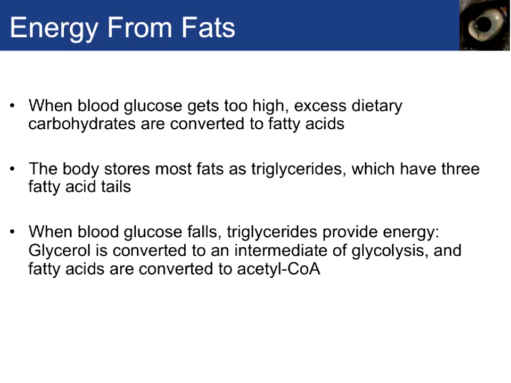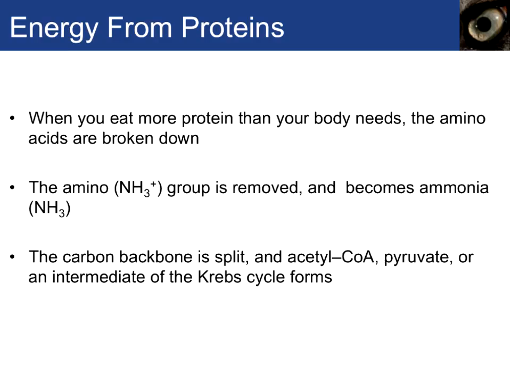When you eat more protein than your body needs, the amino acids are broken down, and the amino group is going to be removed and become ammonia. The carbon backbone is then split, and acetyl-CoA, pyruvate, or an intermediate of the Krebs cycle forms.